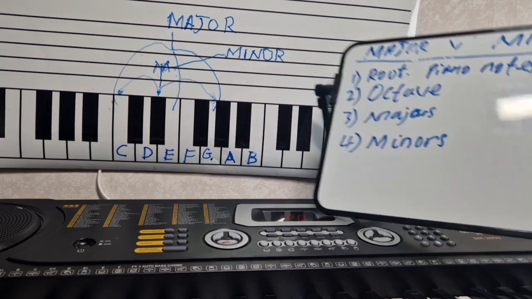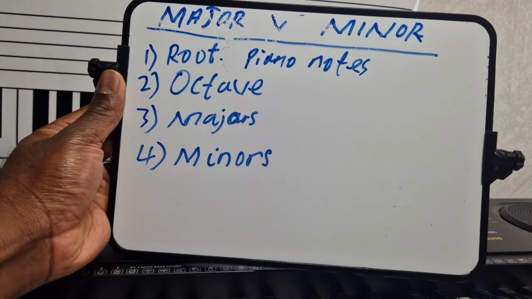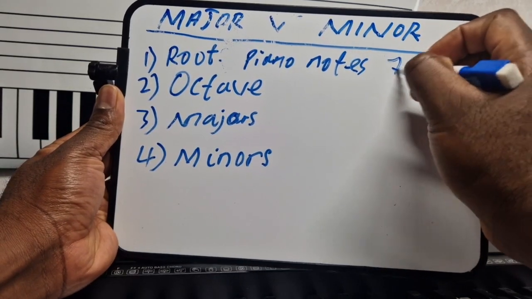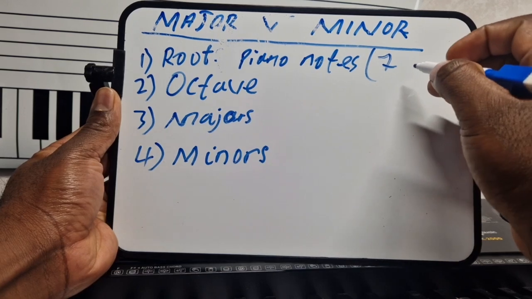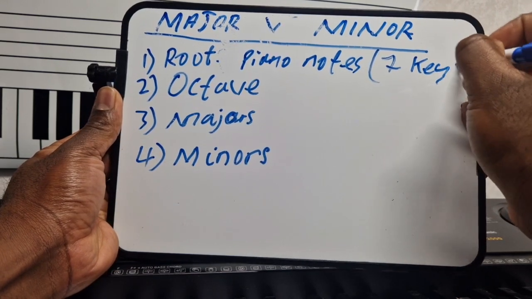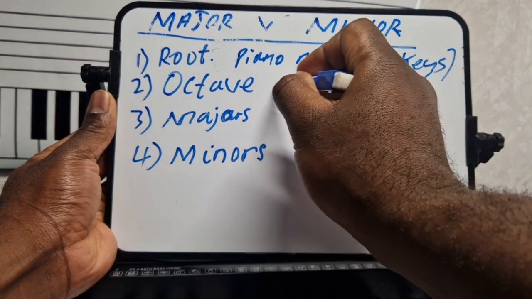So to make it short, root note, 7 keys of the alphabet, right?